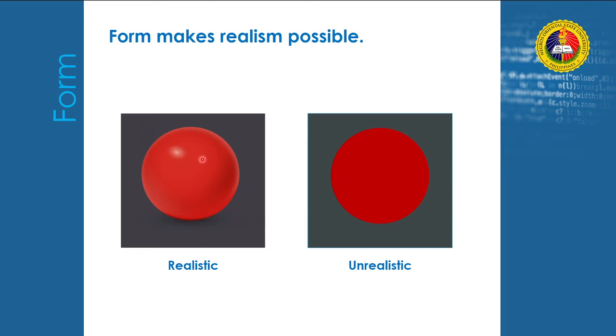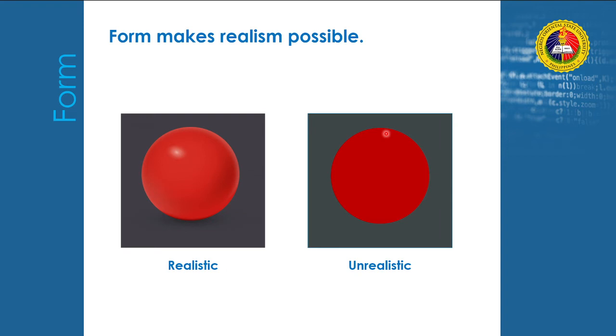Right? If we compare it to the second image, the second image doesn't have any shades, any shadow and light effects on it. Therefore, it is unrealistic. So the first photo is realistic and the second one is not. So therefore, the first one is a form and the second one is just a shape.